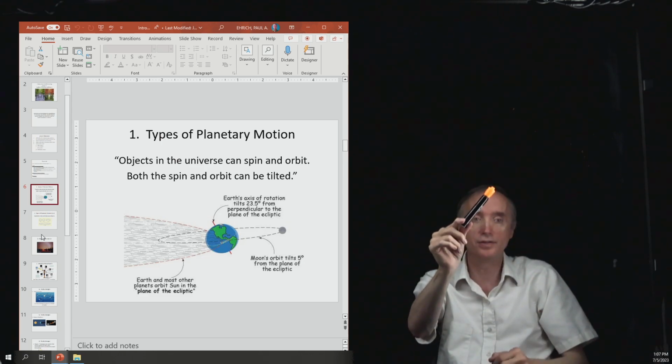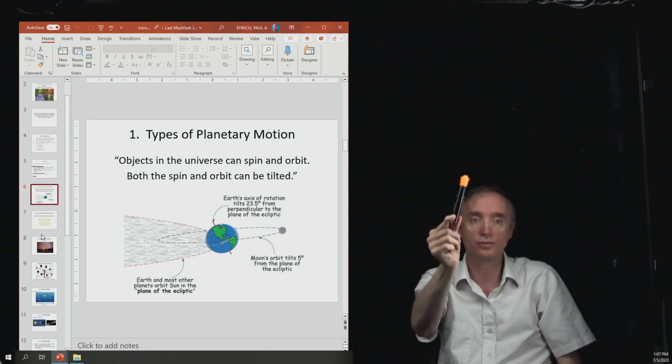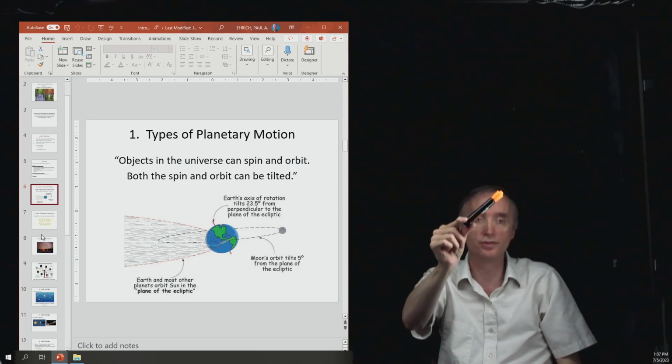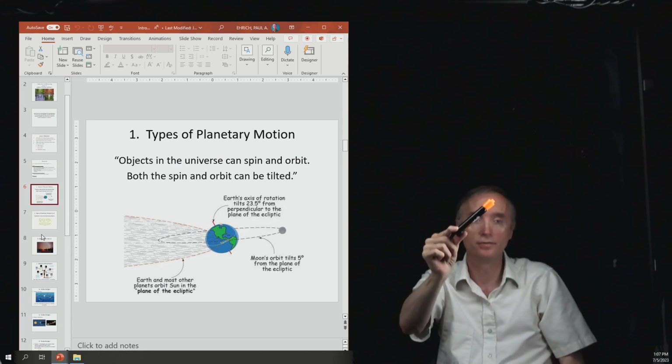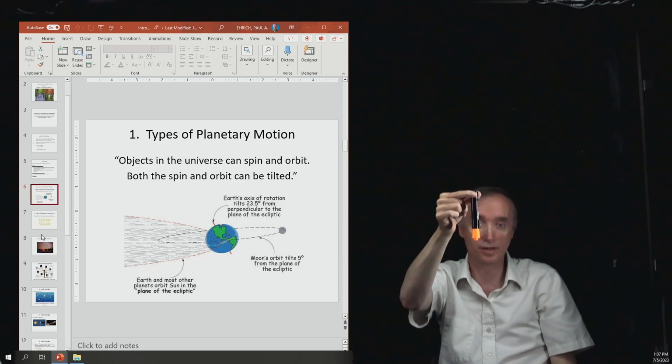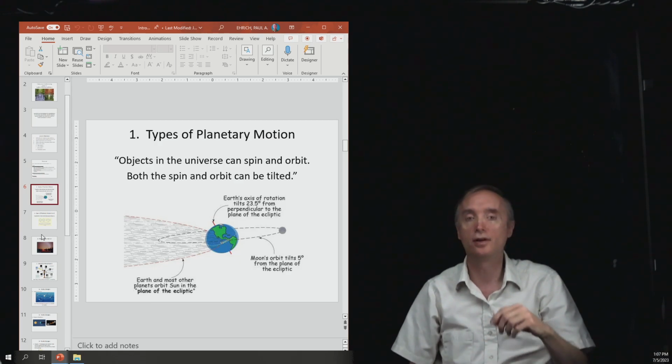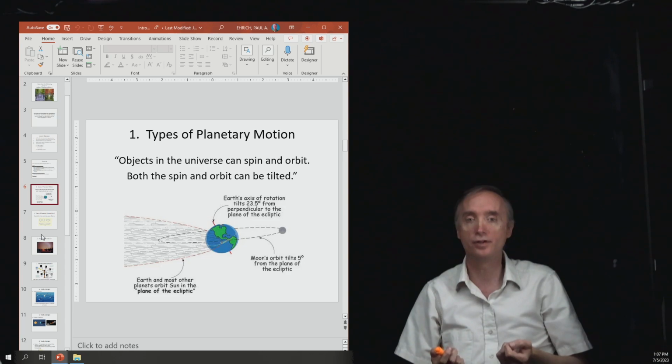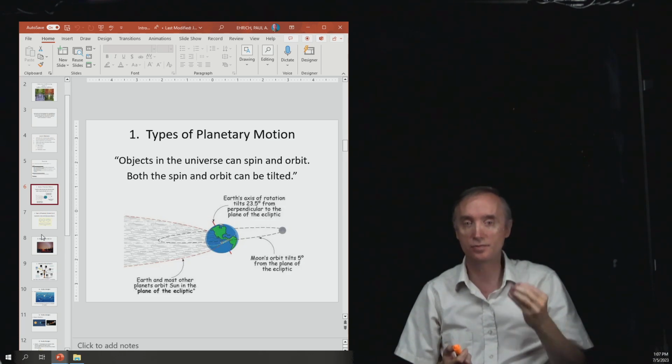Okay, another thing is the tilt of the spin axis. So Earth is tilted at 23 degrees. Venus is actually tipped upside down, like that. So you have differences in the spin rate and the spin angle.